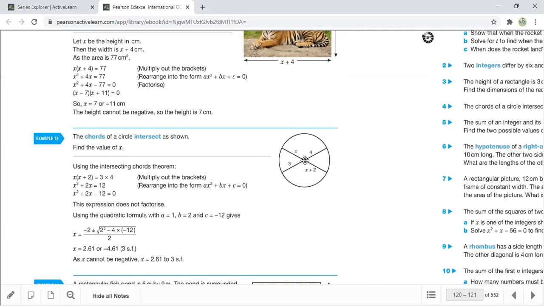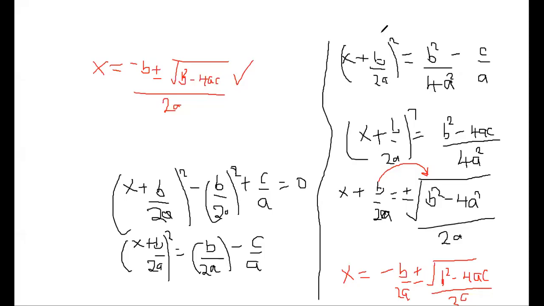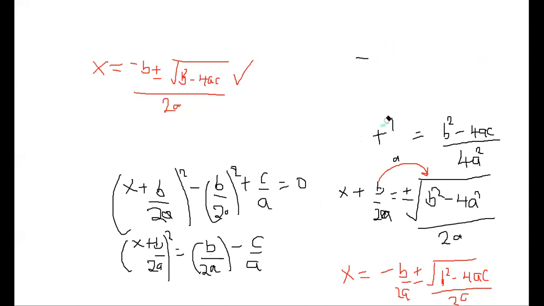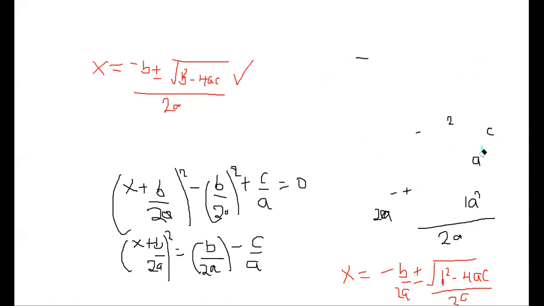Allow me to draw this one in the blank space so that I can explain better, which is 3, 4, and x plus 2. I'm going to share that one in the blank space.